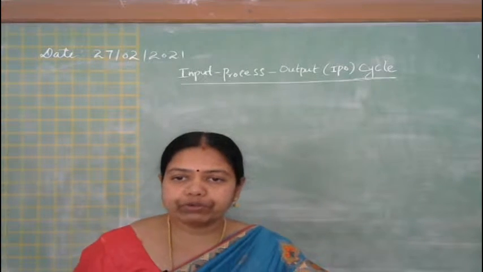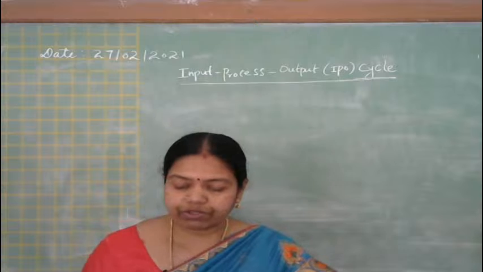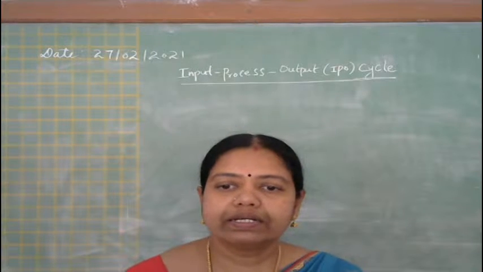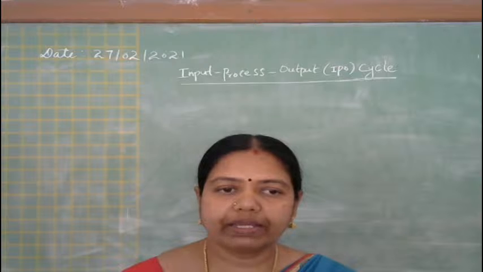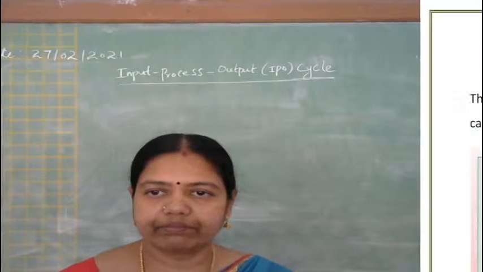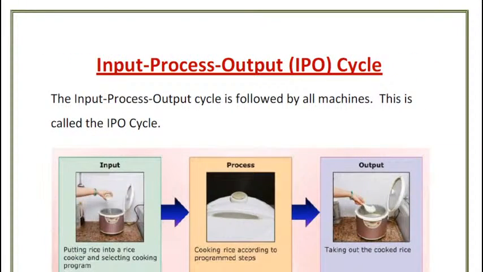Before going to the computer, we will discuss generally how a machine is working. For example, the input, process, output, IPO cycle of any machine. For example, your mother is preparing rice with a cooker.